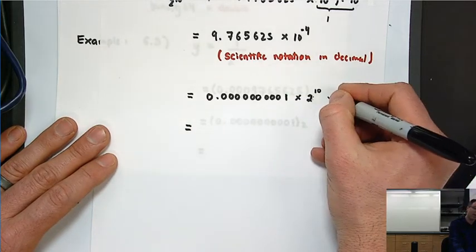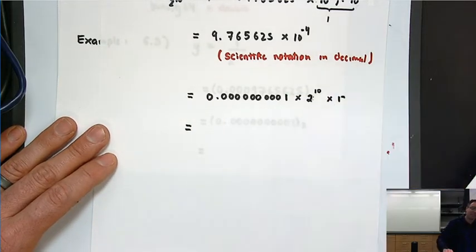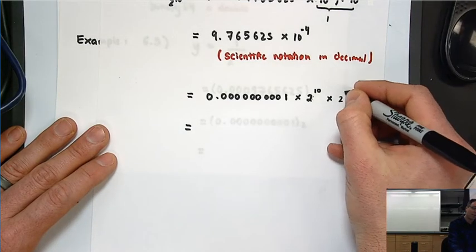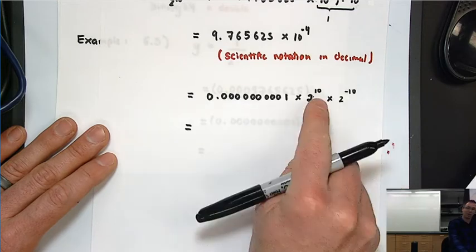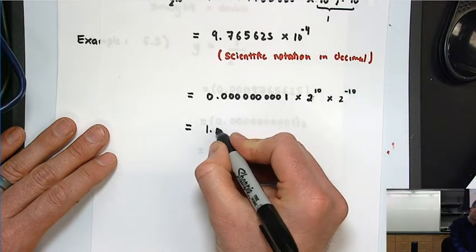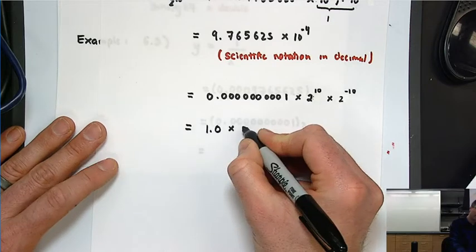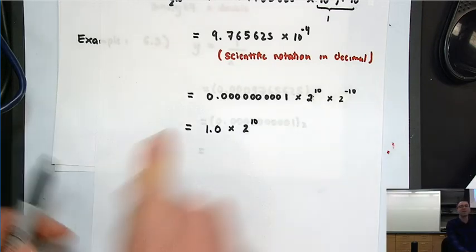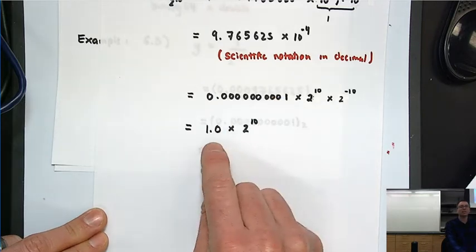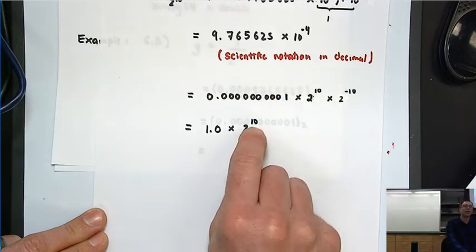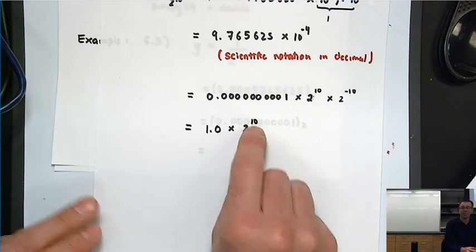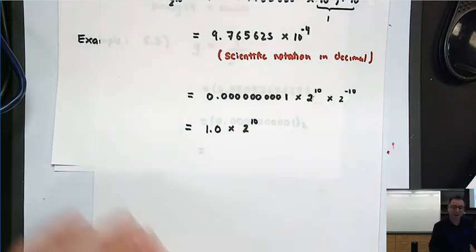The moment that I do that, I need to track that I've shifted it over 10. So to go back to the old number, I need to shift it -10. So this is 1.0 times 2 to the 10, which means that a number that was stored in 10 bits is now stored in a single bit as long as I can track the exponent. As long as I have access to what that exponent should be, I'm fine.